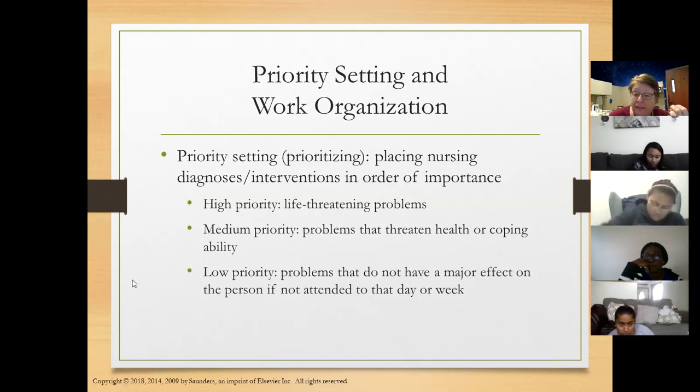Maybe they need to have discharge teaching done in order to be able to do a dressing when they go home. Well, if they're not breathing, they're not going home. So we don't need to worry about that discharge teaching right now, right? So high priority, life-threatening problems; medium priority, things that threaten health or things that they're at risk for; and then low priority, other things that can be done tomorrow.